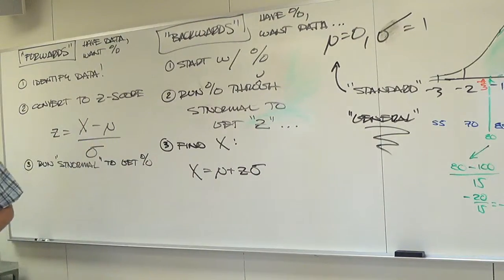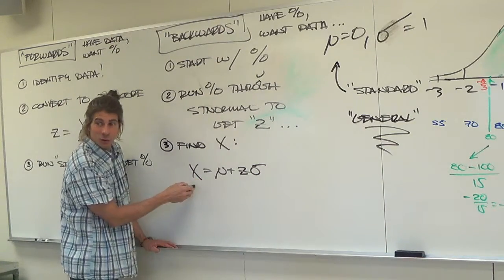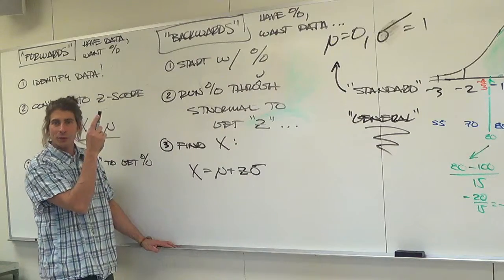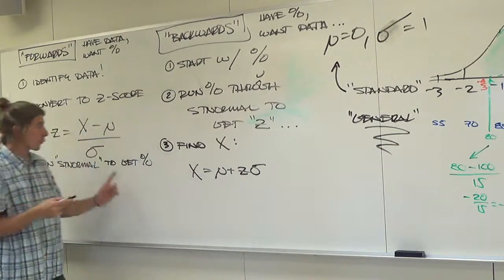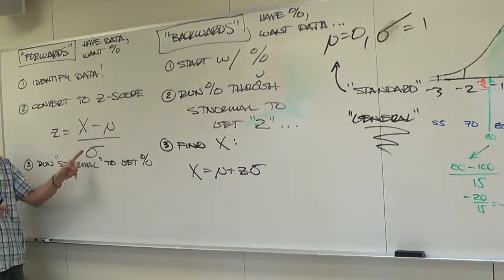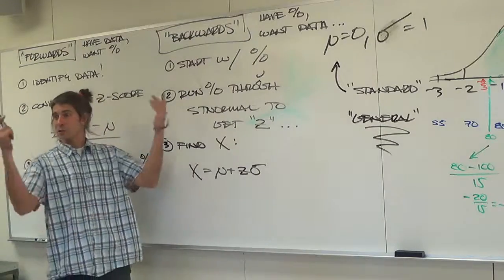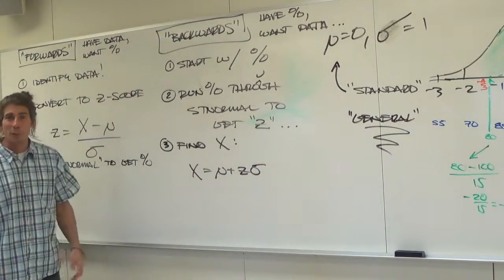You'll have those numbers. And then you'll have one of the other 2. Once you have 3 of them, you can find the 4th. That's algebra, yes? So over here, it made sense to have z on one side by itself because you had these 3. Over here, it makes sense to have x on this side because you have these 3. And then it's just a matter of running your values through the formula.